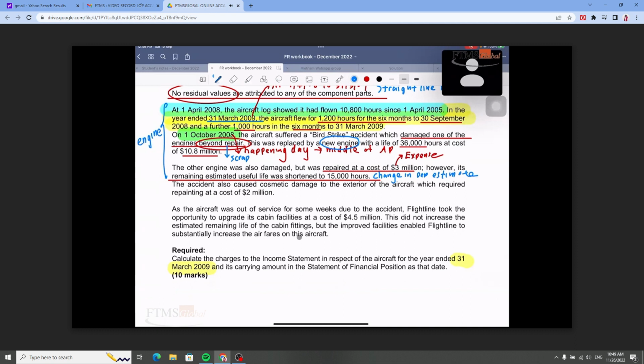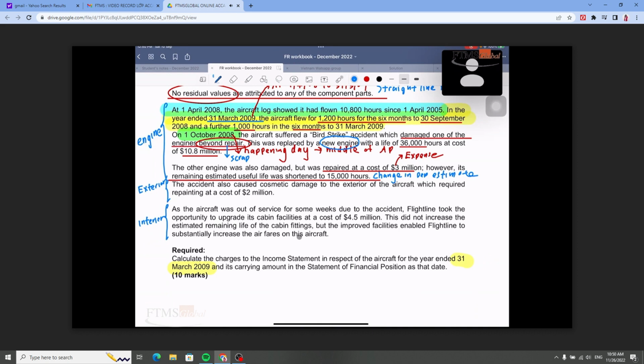Okay, then this whole chunk here is for exterior. And this whole chunk here is for interior. Okay, so engine, we have already completed.